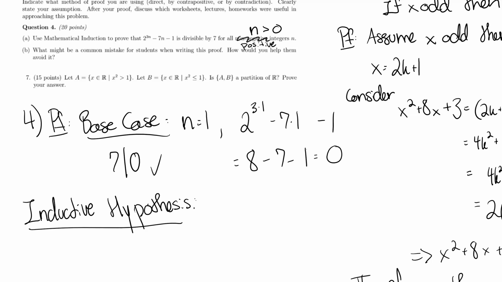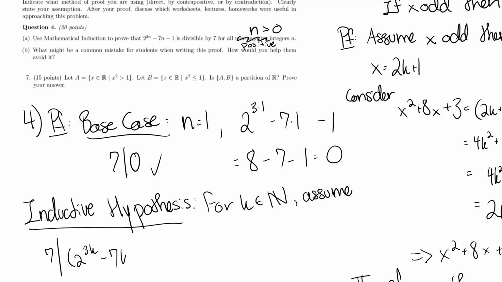Okay, so for k in the naturals, because we are working with the naturals here, assume 7 divides 2^(3k) minus 7k minus 1.